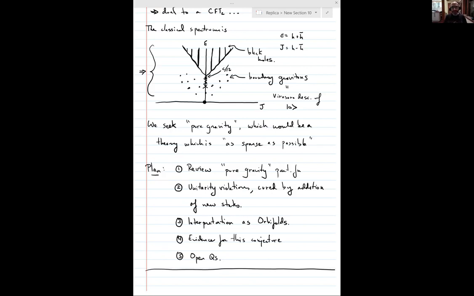And you can't get a negative density of states by averaging many theories with a positive density of states. The average of many positive numbers is still positive. So the constraints of unitarity are still powerful, even if you're not looking for an individual quantum system. I'll get to that in more detail in a few minutes.